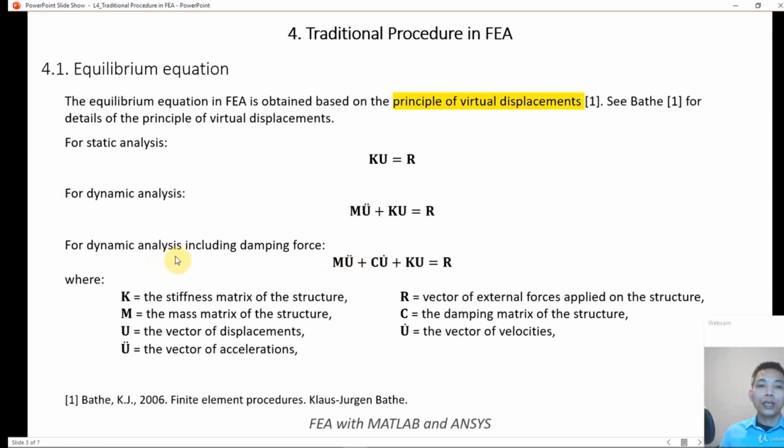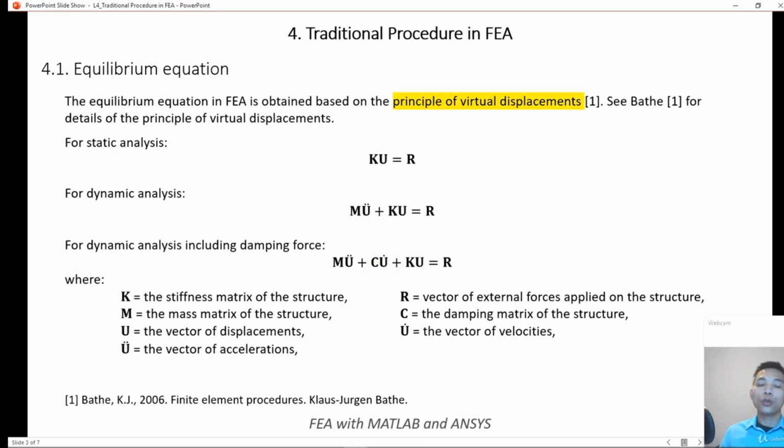For dynamic analysis including damping force, besides these two terms, we will have one more term we call damping force, C U dot, where U dot is the vector of velocity and C is the damping matrix of the structure.